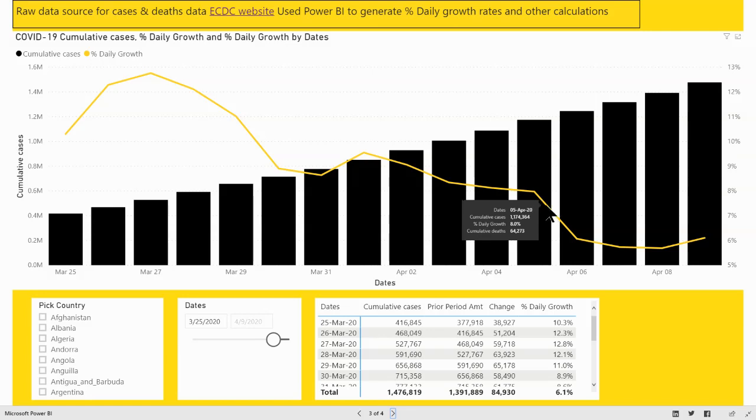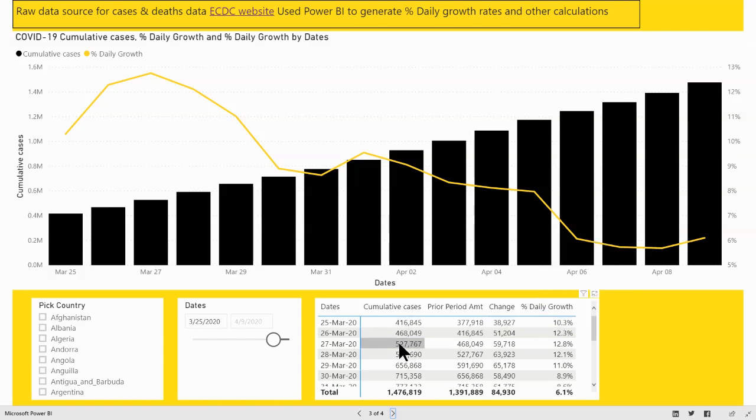So basically what we observe is that globally there is a downward trend in terms of the rate of growth for COVID-19. So it's increasing, but increasing at a decreasing rate basically. There was a slight raise here to 6.1% globally. The day before it would have been 5.7% daily growth.